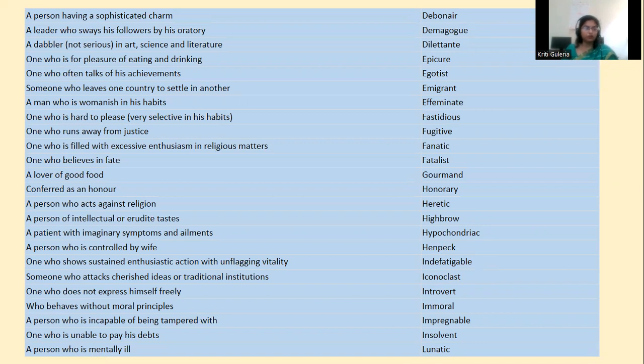One who behaves without moral principles: immoral. One who is incapable of being tampered with: impregnable. One who is unable to pay his debts: insolvent. And a person who is mentally ill: lunatic. So these are a few words with which we can substitute the entire phrase denoting a person or people.